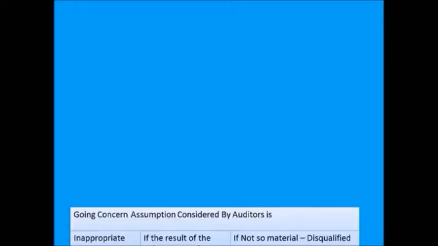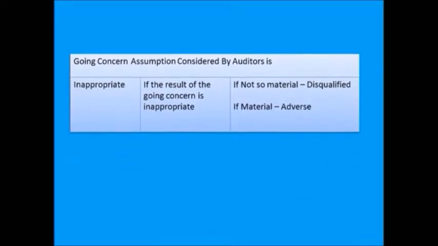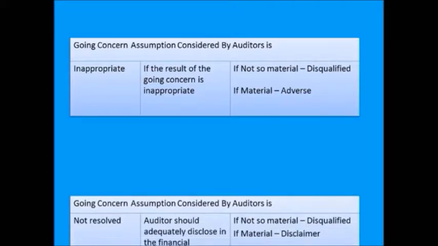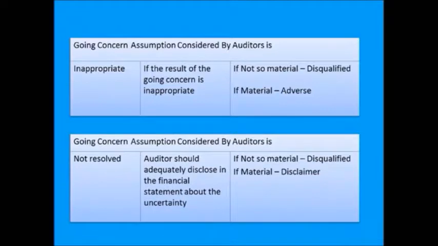If the use of the going concern assumption is inappropriate and not so material, it is a qualified opinion, while if material, it is adverse. In the case where the uncertainty is not resolved, auditors should ensure adequate disclosure in the financial statements about the uncertainty. If not so material, it is a qualified opinion, while if material, it is adverse.